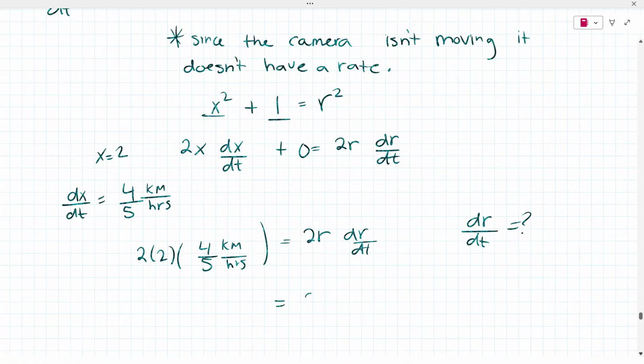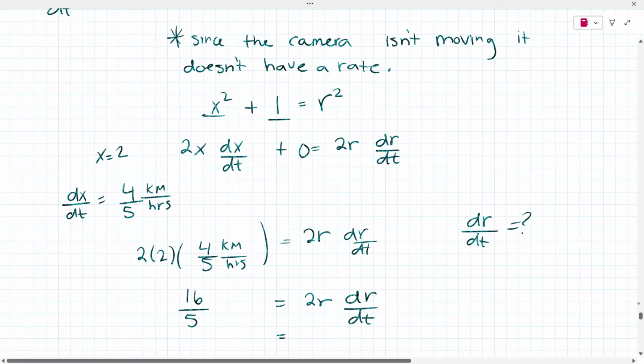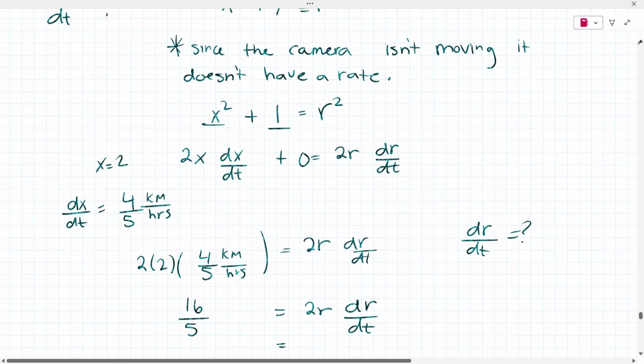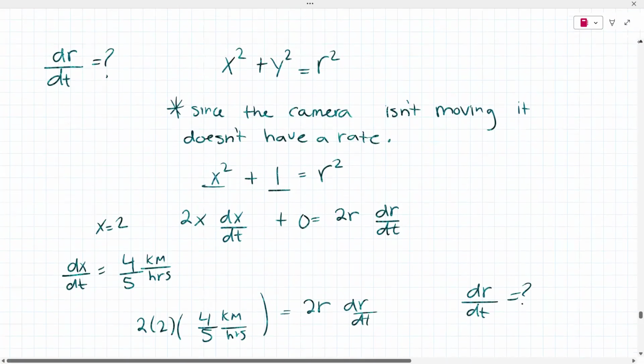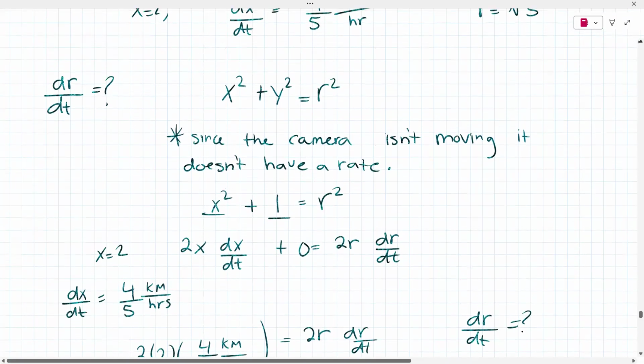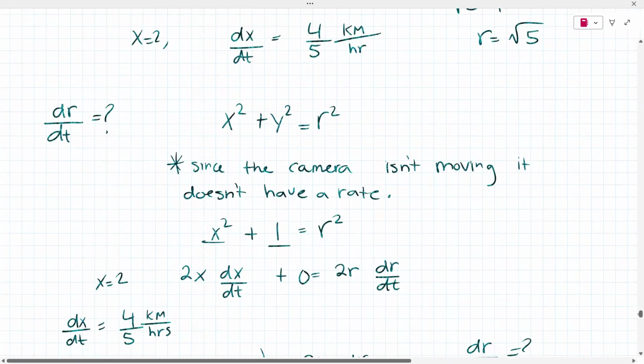Okay, so we have 2r dr/dt. Over here, let's clean this up. What's 2 times 2 times 4/5? That is 4 times 4, which is 16/5. And our radius was the square root of 5, right? We got the radius from the Pythagorean theorem.